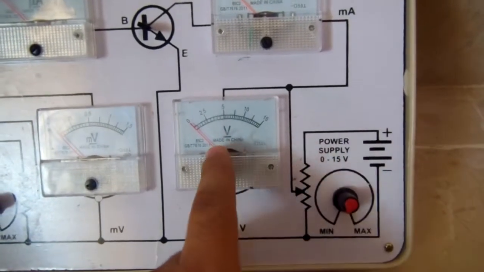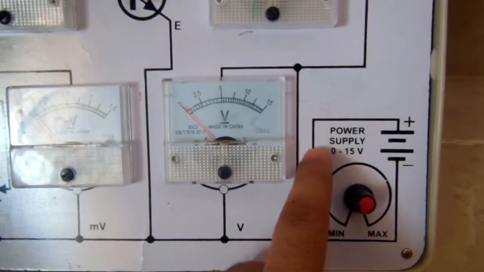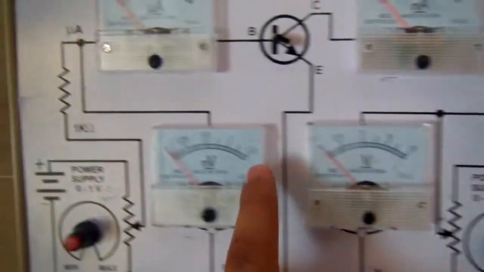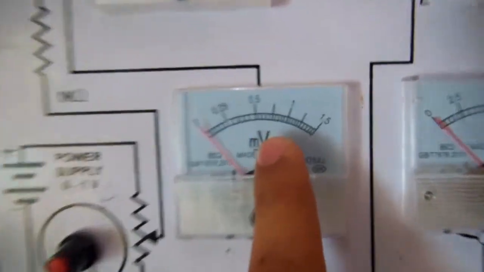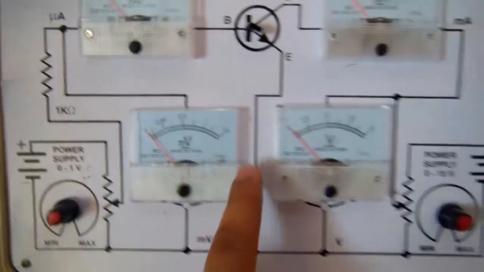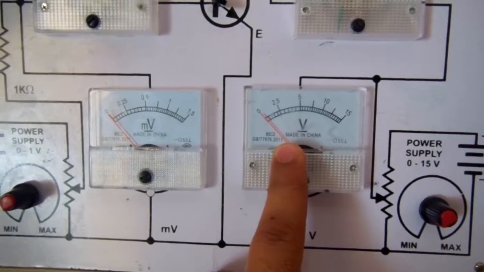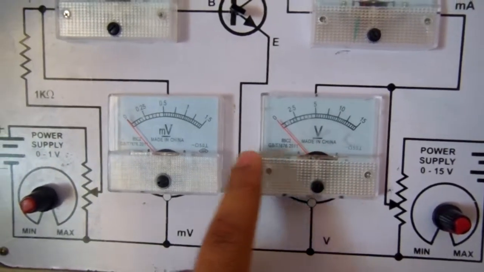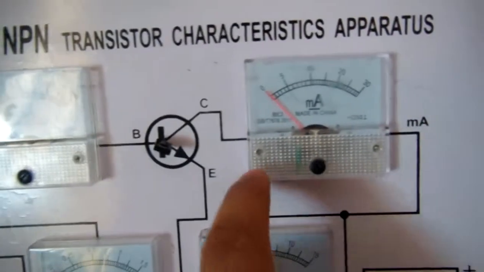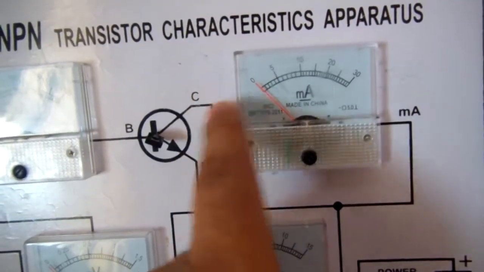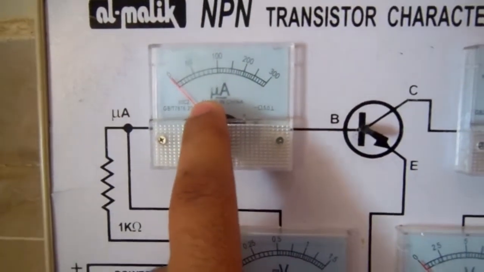As you can see, the VCE collector to emitter voltage range is from 0 to 15 volts, and the base voltage is from 0 to 1.5 volts. So the collector voltage is about 10 times greater than the base voltage, and in the same way the collector current is in milliamperes and the base current is in microamperes.